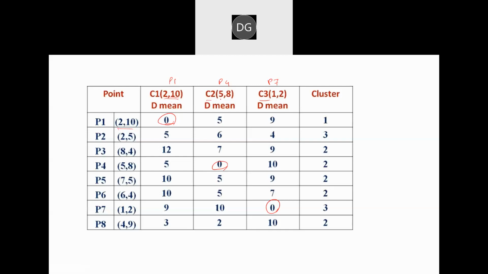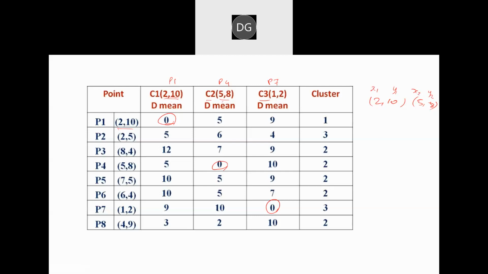Now I'm going for the second one. The second cluster has the point 5 comma 8, and the other point is 2 comma 10. So this is x1, y1, x2, y2.